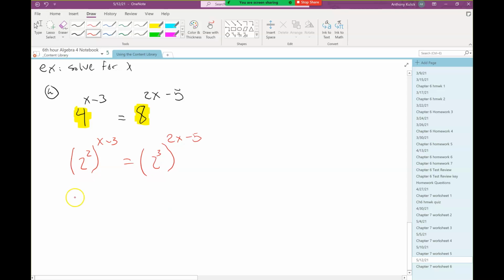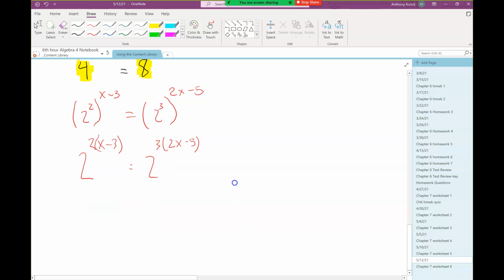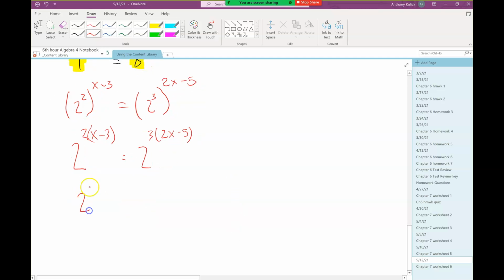That was one of the properties from last chapter. They multiply. And then I can just kind of distribute things through.